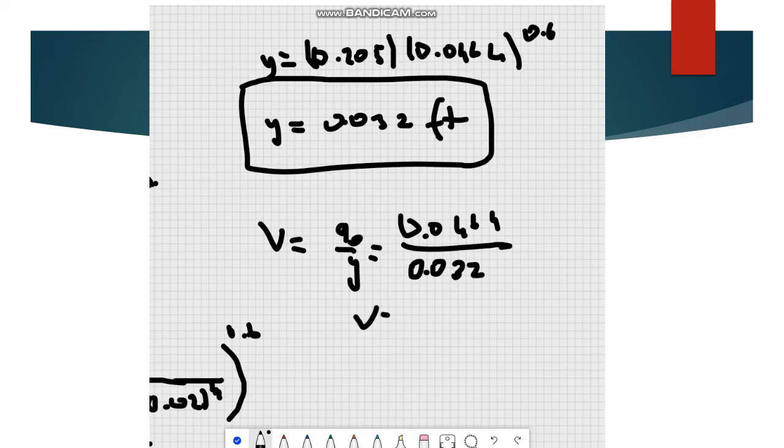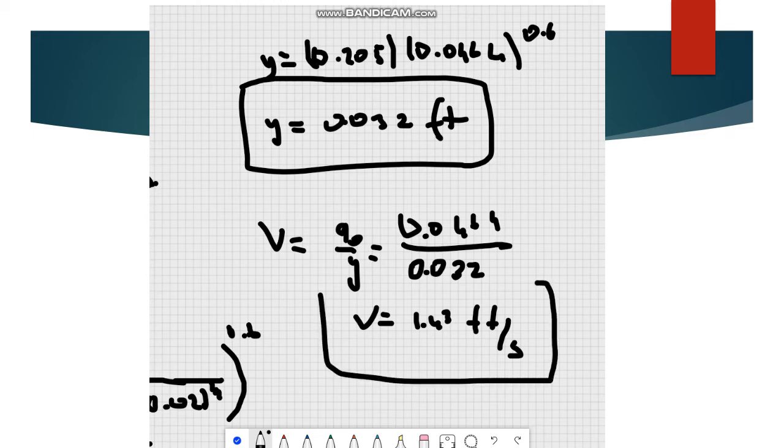So the velocity is 1.43 feet per second. The velocity is high, as you see, and we found the discharge per unit width, the depth, and velocity. The question is finished here.